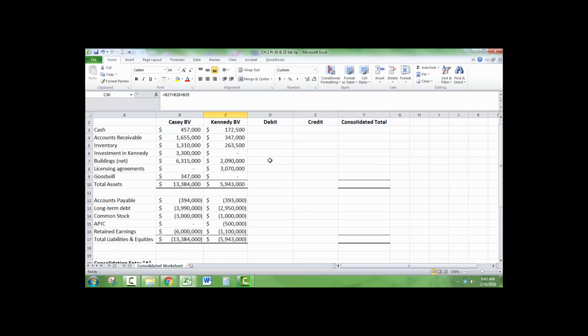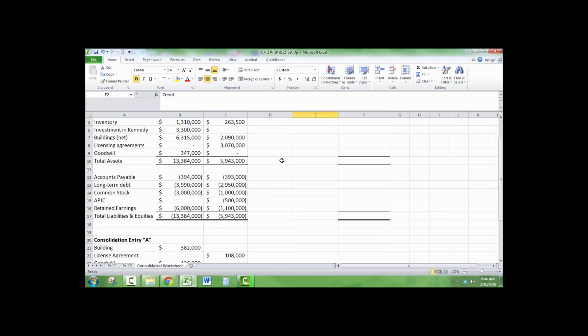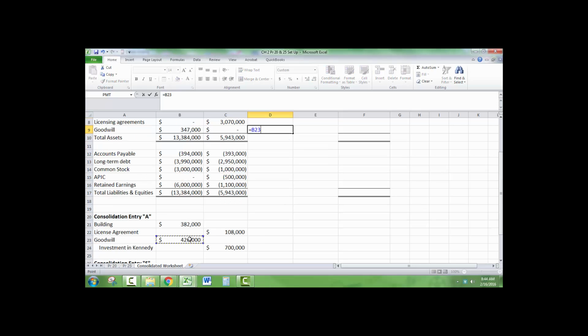So now we have the consolidation worksheet. We have the book value of Kennedy, the book value of Casey, and then we have a debit and a credit column. I want you to go ahead and link any debit that you made under the consolidation entries to the right account. So we had a debit to buildings. We had a debit to goodwill.